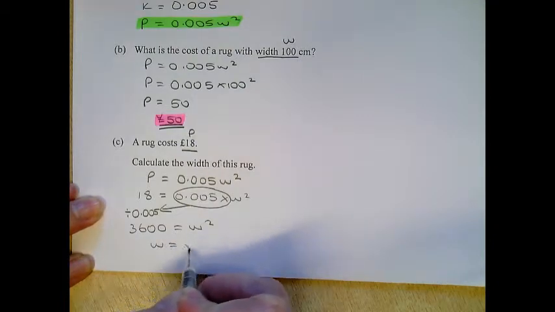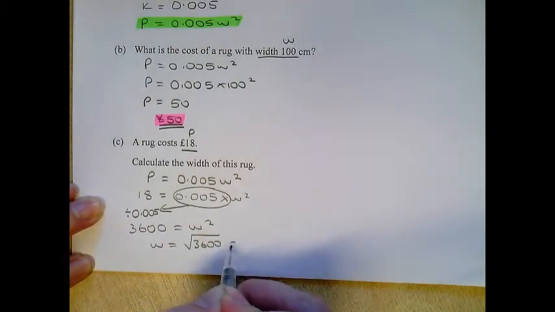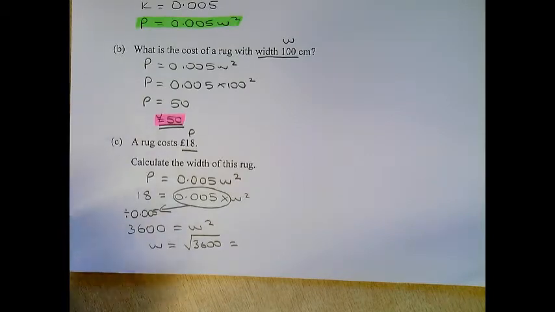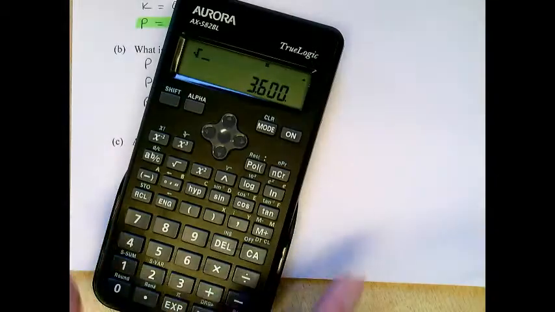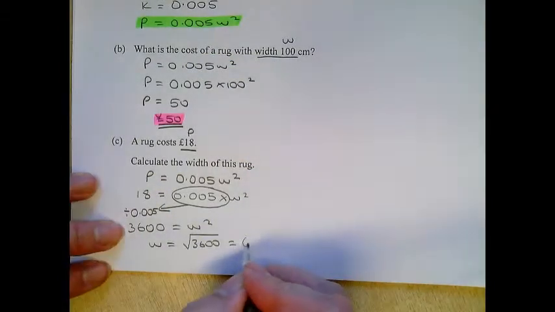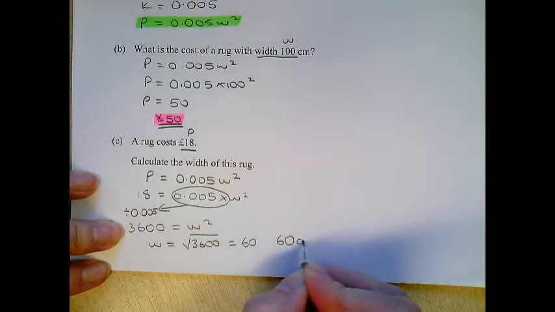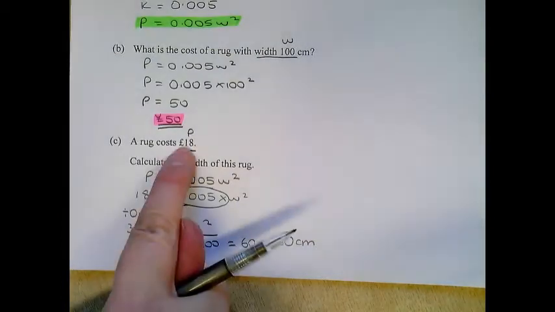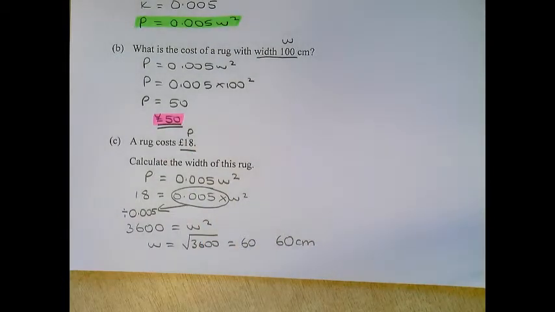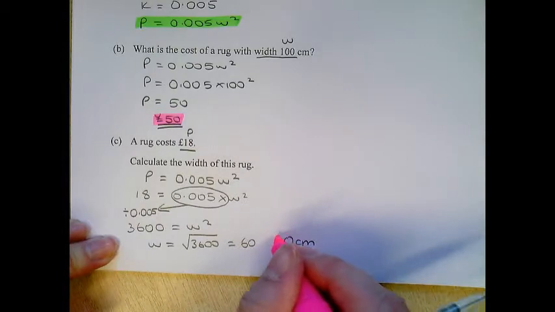So W then would just be equal to the square root of 3,600. So just press the square root button and equals, gets you 60. So if the rug costs £18, the width of the rug would be 60 centimeters.